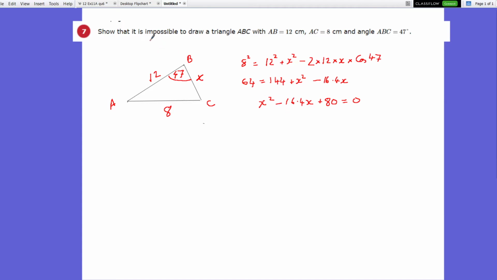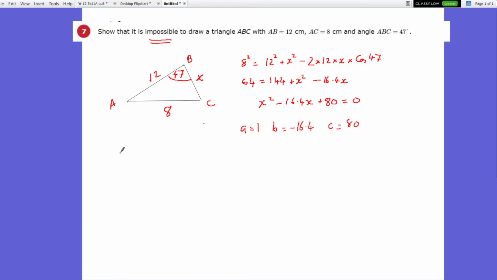However, when it says show that it's impossible, we need to show that this has got no solution. What we can do is, for our quadratic equation, a will be 1, b will equal minus 16.4, and c will equal 80. And if there are no solutions here, we just need to show that the discriminant is less than 0.